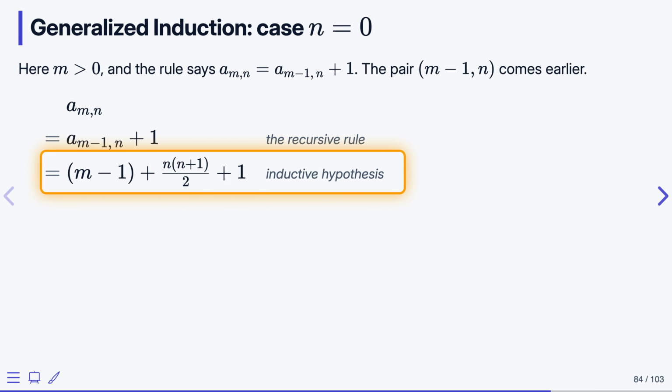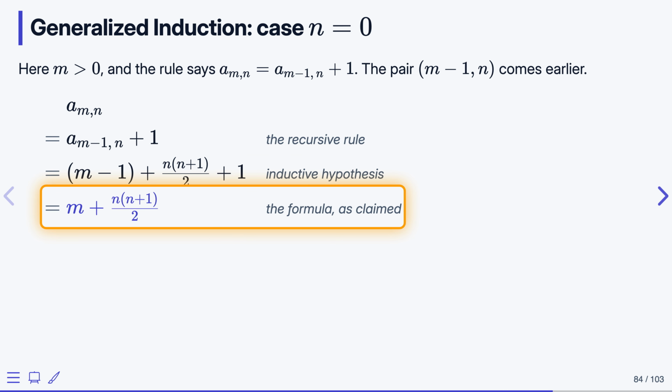The hypothesis applies to that earlier pair. Swap in the formula. We get m minus 1 plus n times n plus 1 over 2 plus 1. Step 3. The minus 1 and the plus 1 cancel. What is left is m plus n times n plus 1 over 2. That is exactly the formula we claimed.